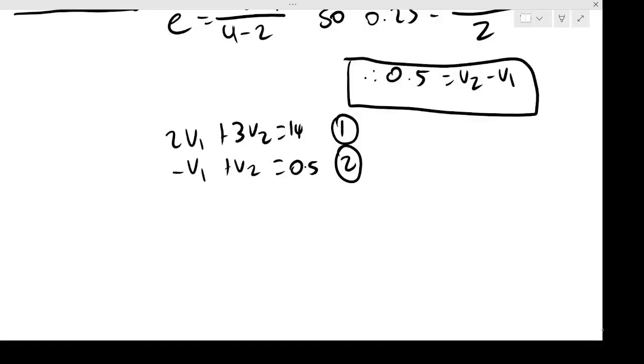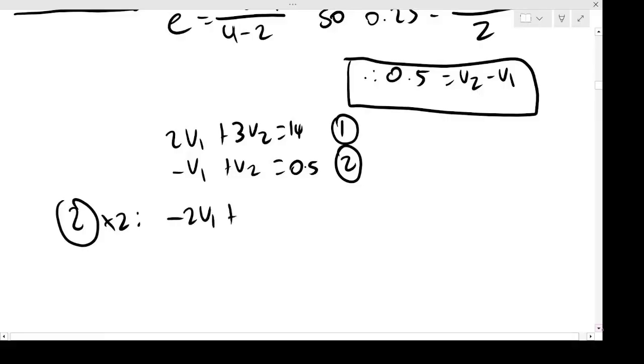So the best way to solve these, well, let's match the v1s. So let's double the second equation and multiply it by 2. So that's going to get me minus 2v1 add 2v2 is 1. And then I can add the first equation, so I can add 2v1 add 3v2 is 14.